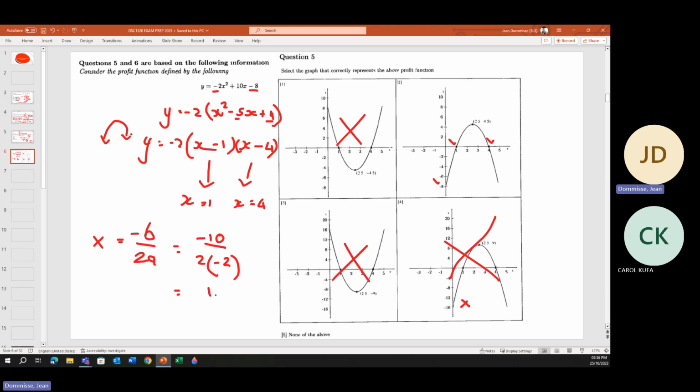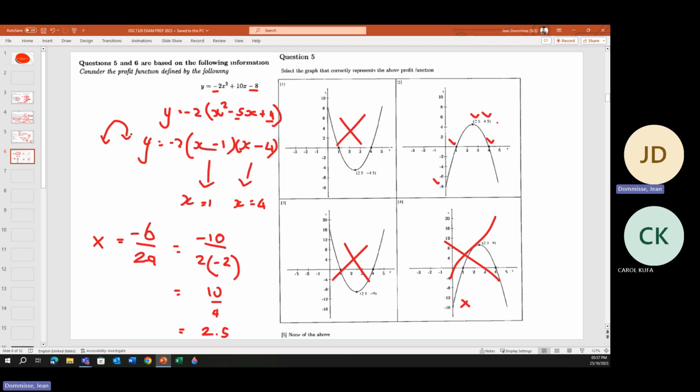So we get 10 over 4, which will give us 2.5. So x is 2.5, and we can see there it's also 2.5. To get the 4.5, we can just put the 2.5 back into this equation, and we will also get the 4.5.